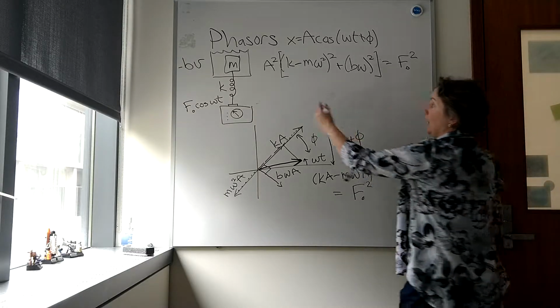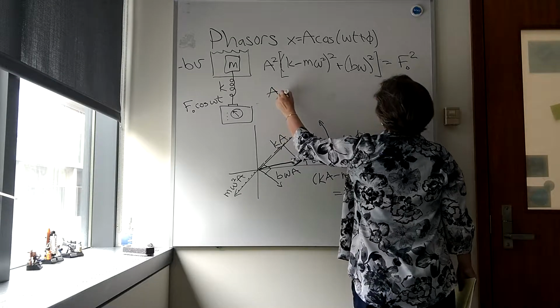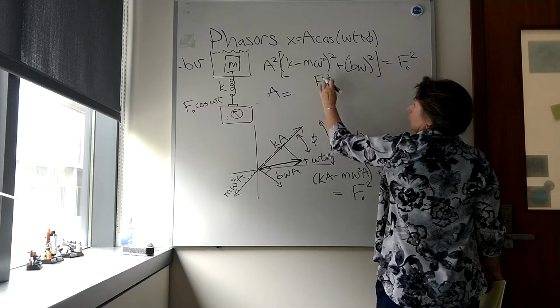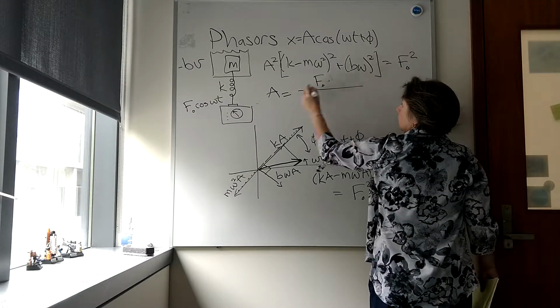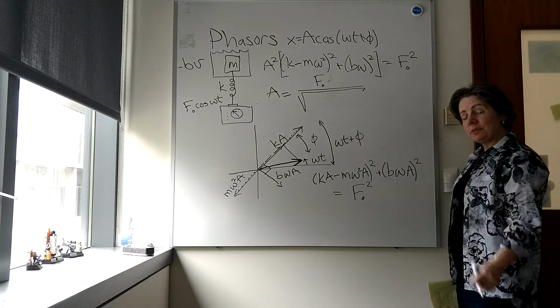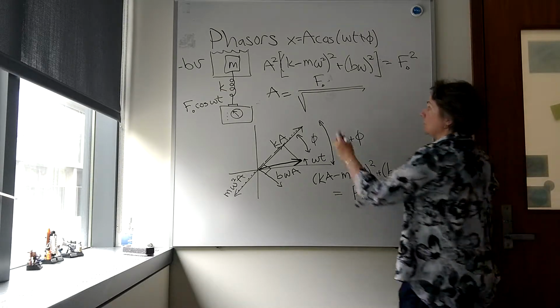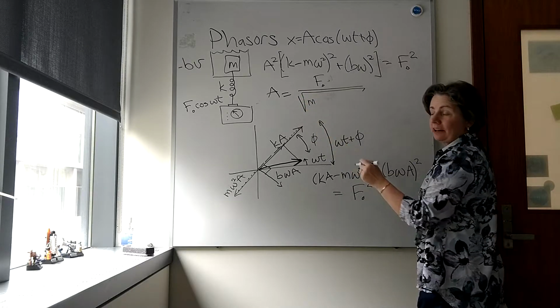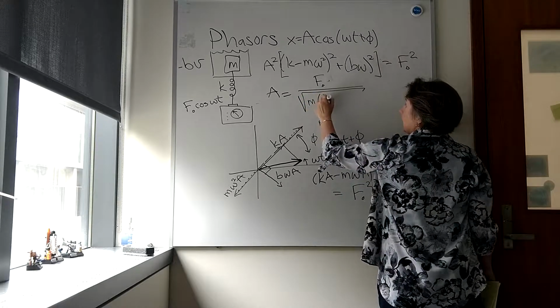Yeah, okay, so now what? Oh, here we go. So now a is equal to f naught squared, not squared, we're going to take the square root of both sides, divided by the square root of this thing. Now I'm going to do something you might not see to do: I'm going to pull out m as a common factor here, and I get k over m.